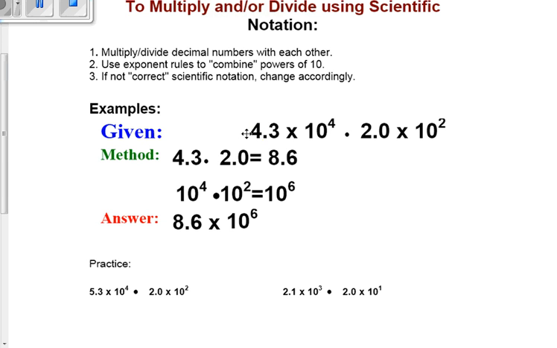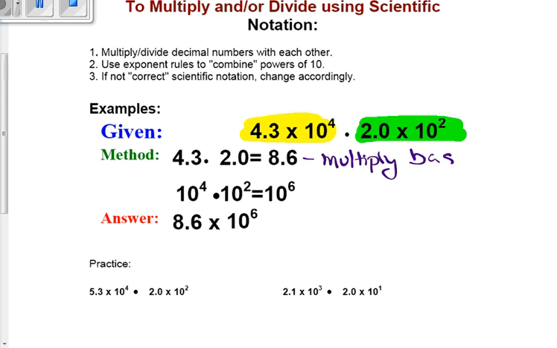It's 4.3 times 10 to the fourth times 2 times 10 to the second. So our first step is we want to multiply our bases. So we're going to multiply 4.3 and 2.0, and you're going to write down whatever answer it is.